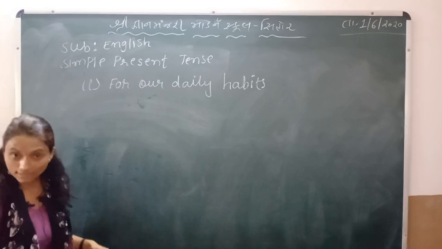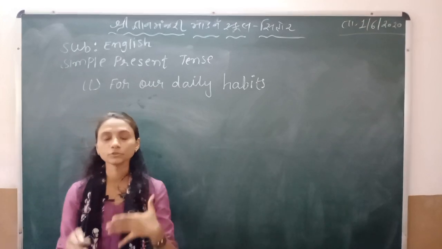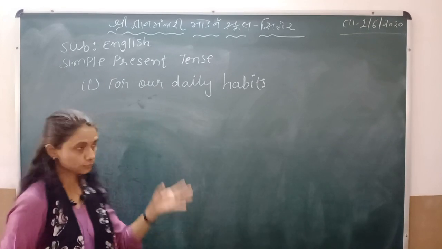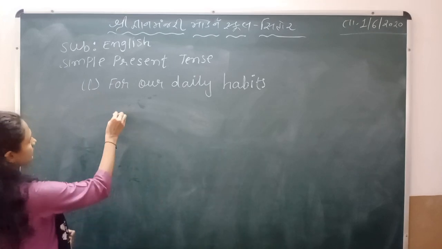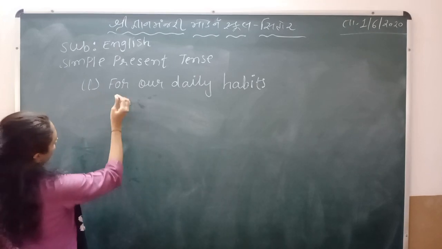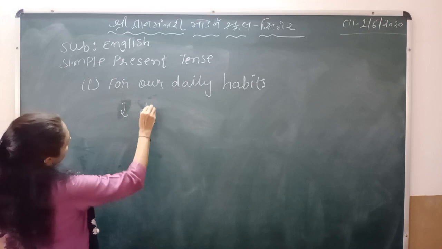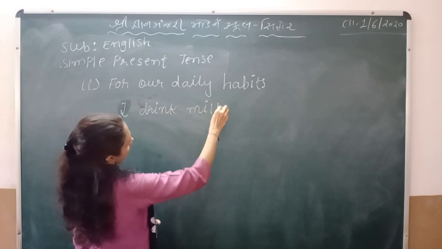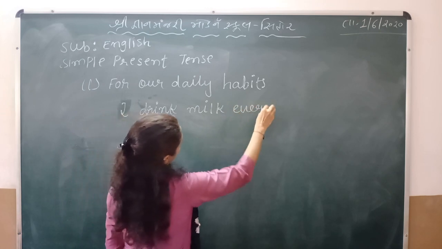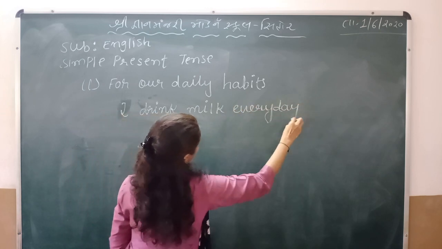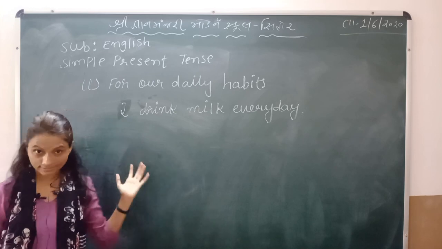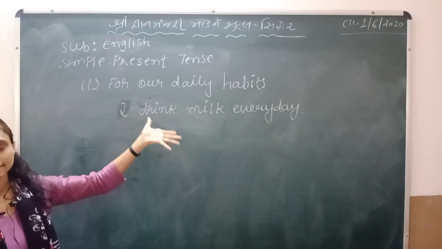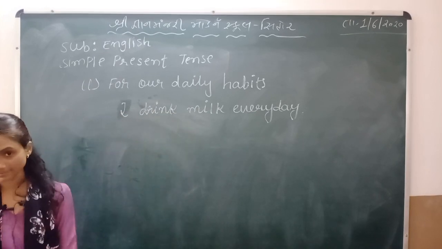Suppose you want to say that you drink milk daily, so you can use this tense like this: I drink milk every day. So we can say this sentence is a sentence of simple present tense.